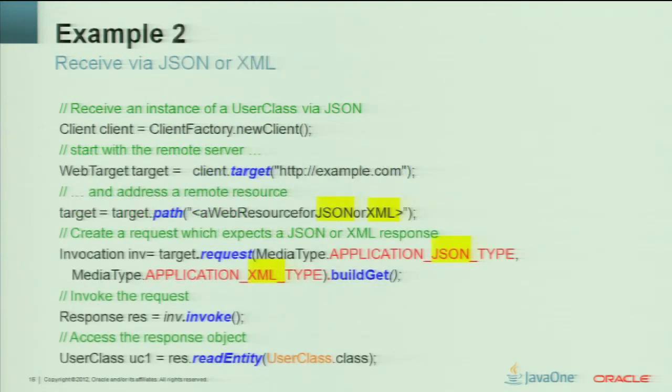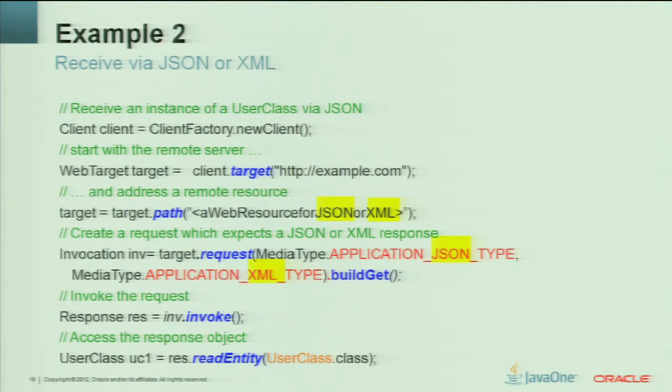A second example. So say we wanted to receive something from a server, but we don't know exactly whether the server can support JSON, or it might also just only support XML as an external representation. So in this case, we create a web target again, as we did, and on the target line, we now have basically a web resource which could be just the same as we had it before.